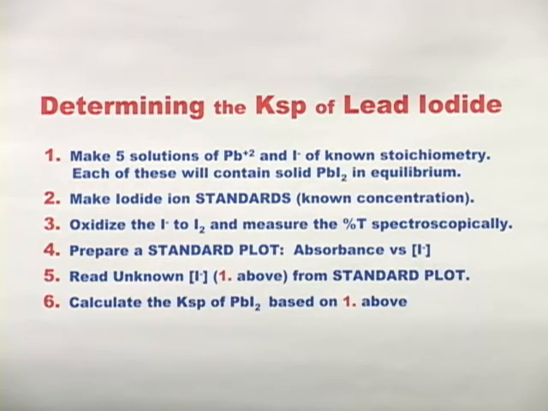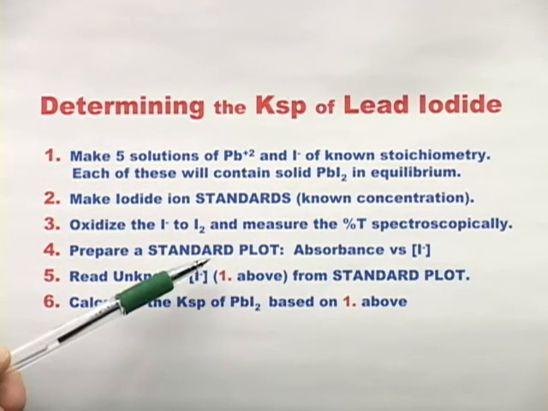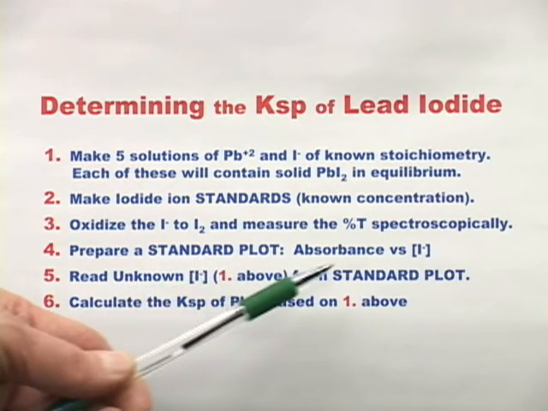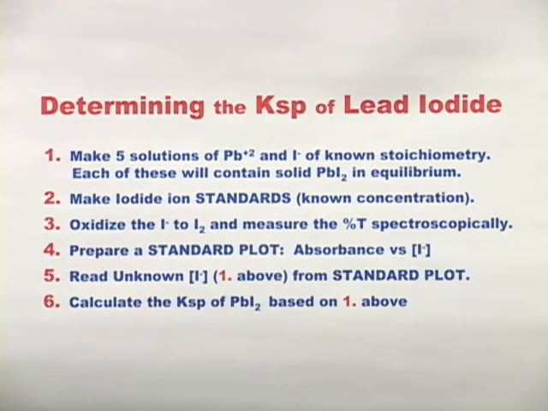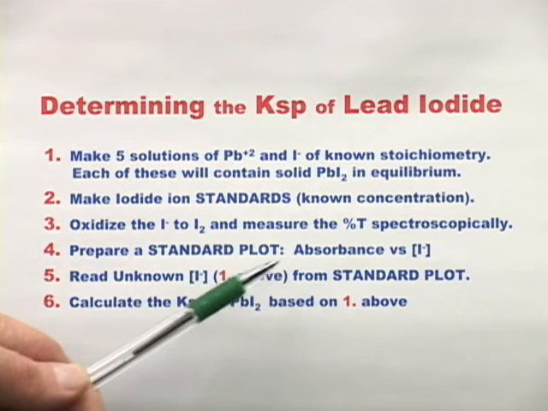Using the data of the standards, that is known concentration, you will prepare a standard plot, that is absorbance versus iodide ion. This should be a straight line if it follows Beer's law. From this standard plot, you will read the iodide ion concentrations in the solutions made in one above.